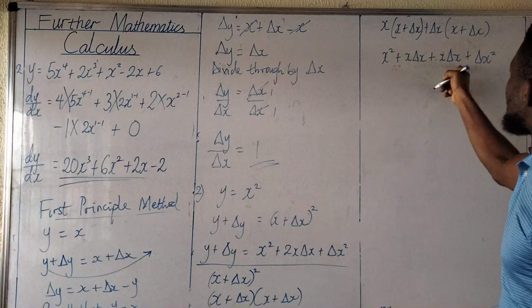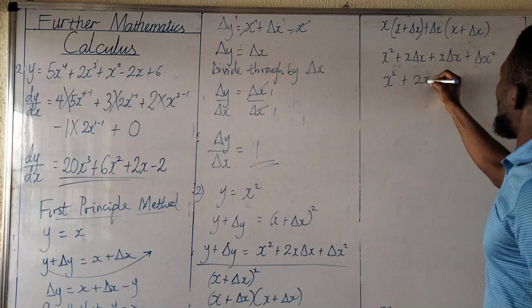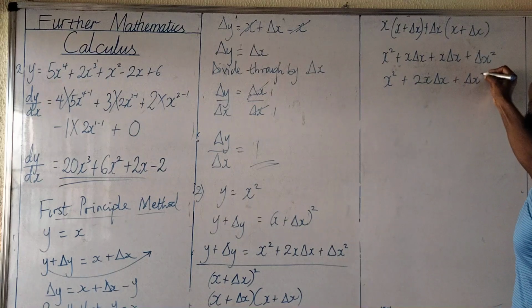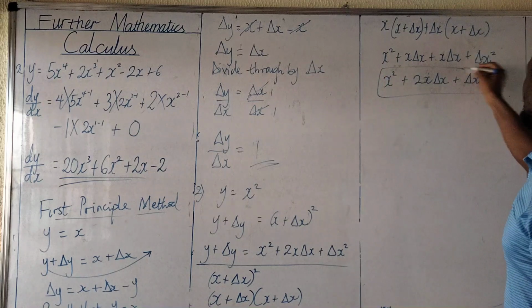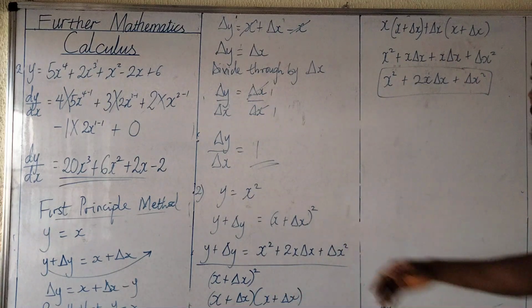Combining similar terms, it is x squared plus 2x change in x plus change in x squared, exactly what I have here. That is how I obtained this.